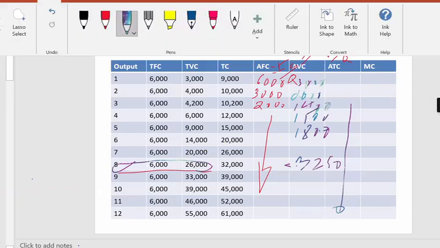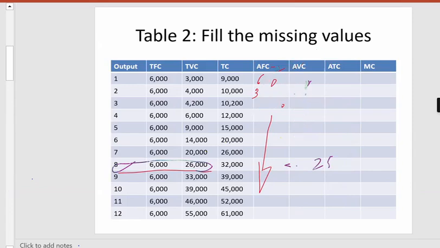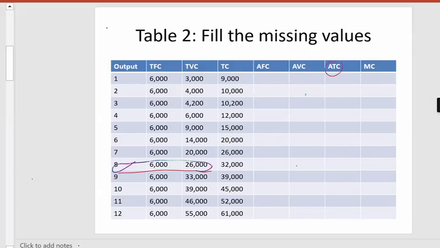But let's see another thing here basing on that, kwenye hiyo table yetu hapo. What about average total cost? We want to compute here. This is equal to total cost divided by Q, right?